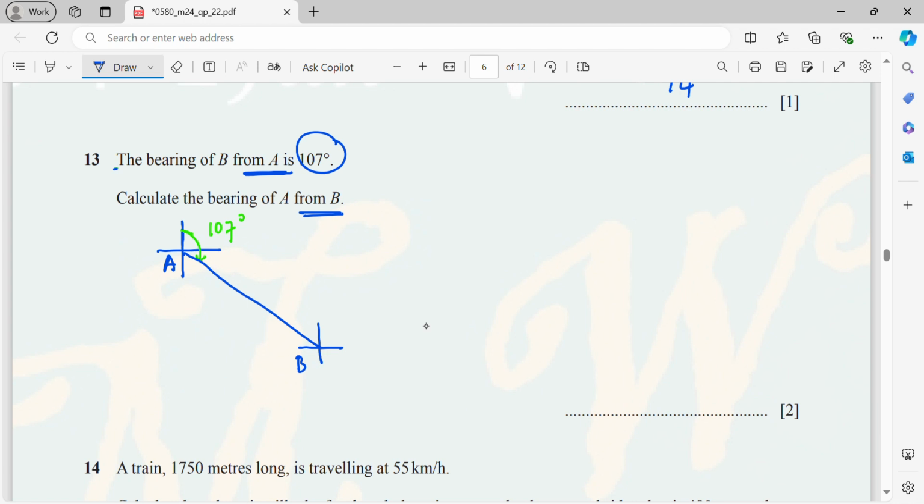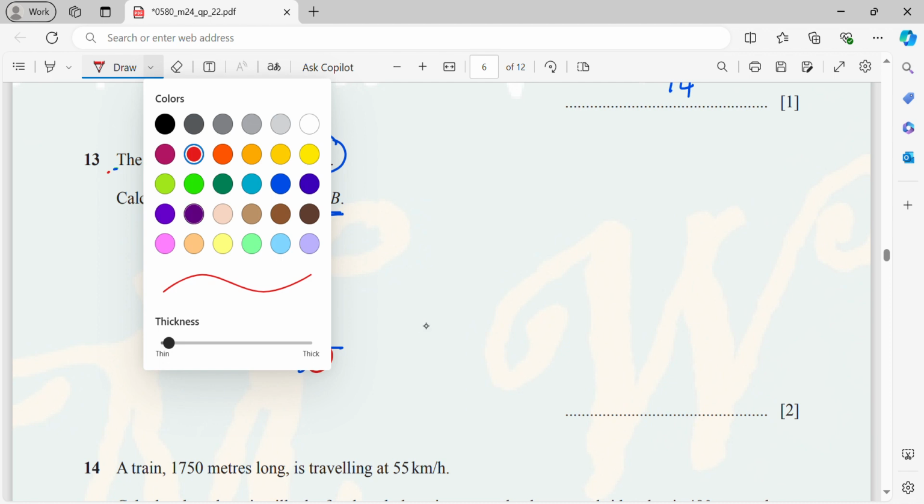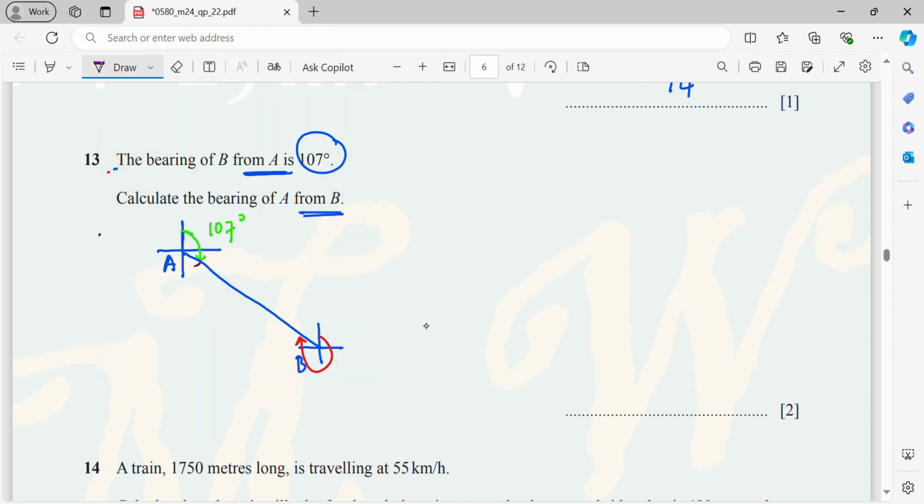This is your B. And now you need to calculate the bearing of A from B. So of A from B means that from B, we need to calculate what is this red color. So for information, this angle here is the same as this opposite angle.